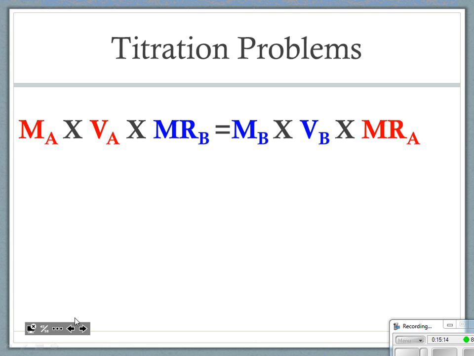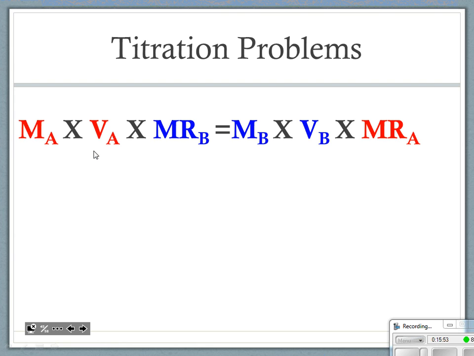MA. MA is the molarity of the acid. What do you think VA is? Volume of the acid. So molarity of the acid times the volume of the acid times MRB.